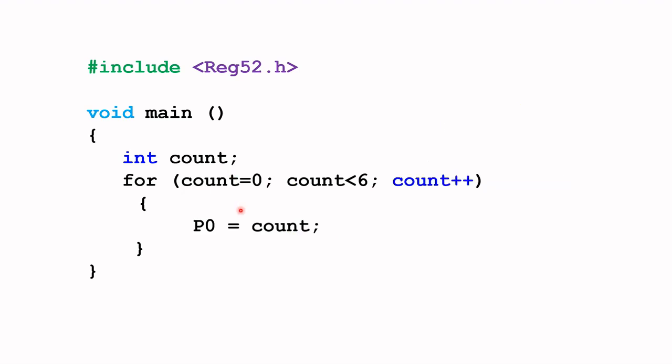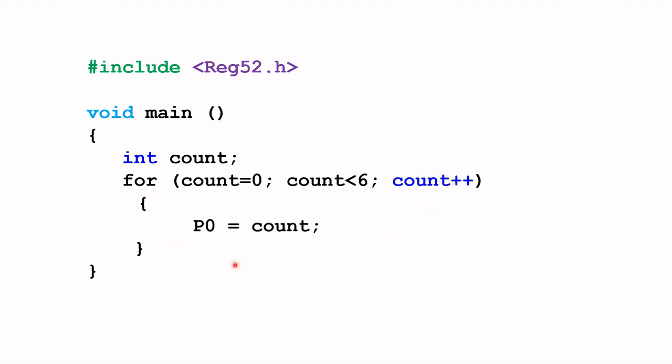And that's it basically. We can use this notation for count equals count plus 1. That is count plus plus, which is exactly the same as count equals count plus 1. So that would be it.